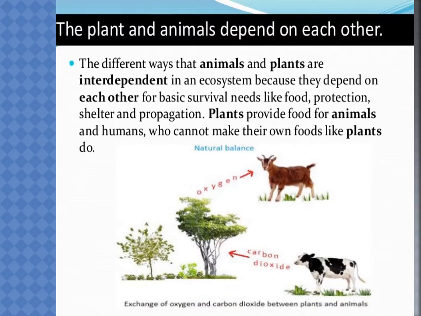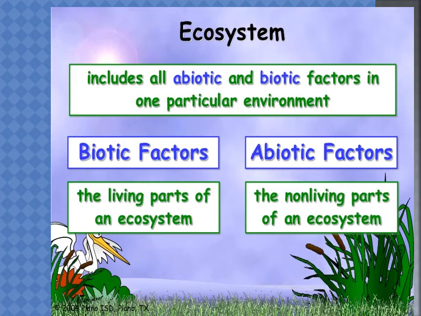Okay, so next we will see the dependence of plants and animals on abiotic factors. Biotic factors, abiotic factors, we already studied this lesson. Biotic means living things. Abiotic means non-living: sunlight, wind, air, temperature are abiotic.